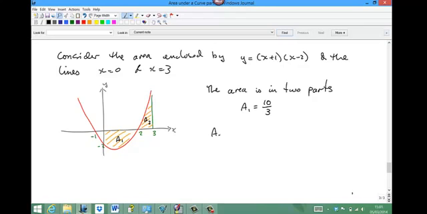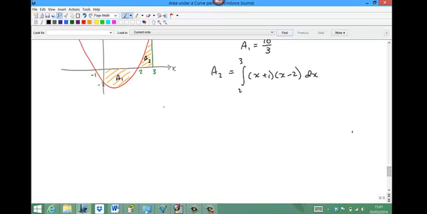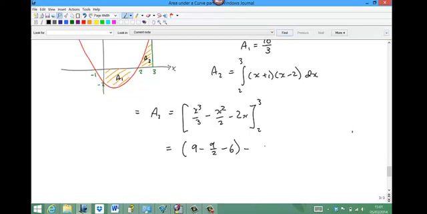So A2 is the integral from 2 to 3 of (x plus 1)(x minus 2) dx, and as before, A2 is x cubed over 3 minus x squared over 2 minus 2x between 2 and 3, and evaluating at 3 and 2 comes to 9 minus 9 over 2 minus 6, minus 8 over 3 minus 2 minus 4, which comes to 11 over 6.